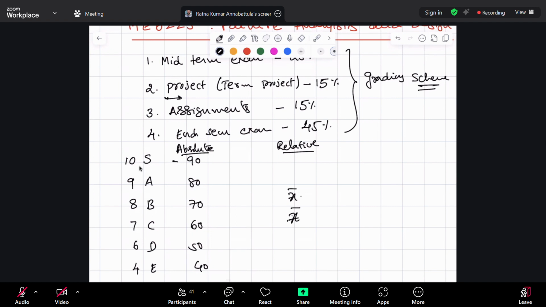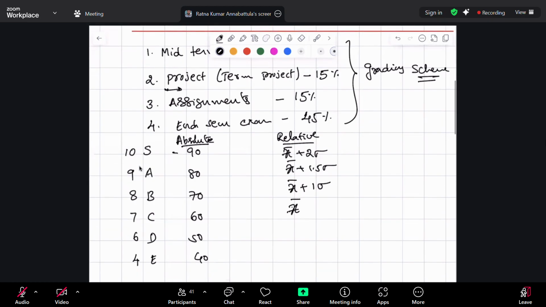So x bar plus 1 sigma will be B, x bar plus 1.5 sigma will be A, x bar plus 2 sigma will be S, where sigma is your standard deviation, and x bar minus sigma will be D, x bar minus 1.5 sigma or 2 sigma will be E, and typically x bar, your average, will be C. This is how we take the grading.